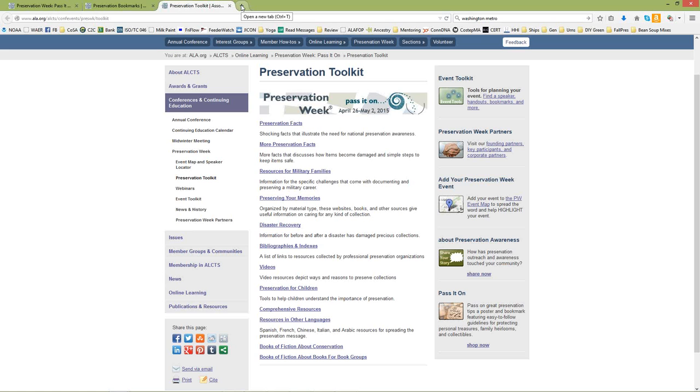They also have resources, so I would always check with my national library to see what they have, especially for tropical areas. For Preservation Week, we don't exactly have a lot of advice for the tropics, in large part because we don't really have too many tropics in the U.S., so it's not something we've really focused on. So I hope that helps.